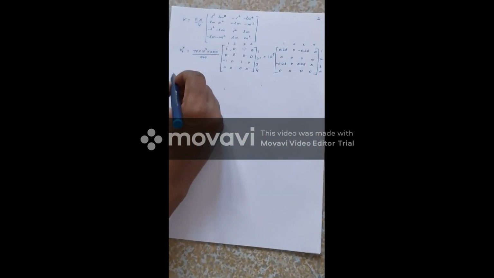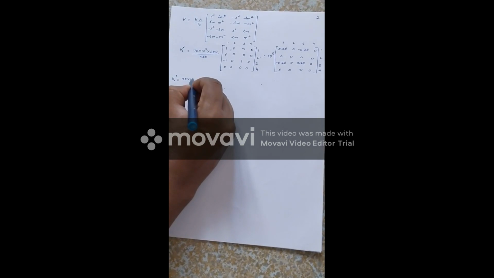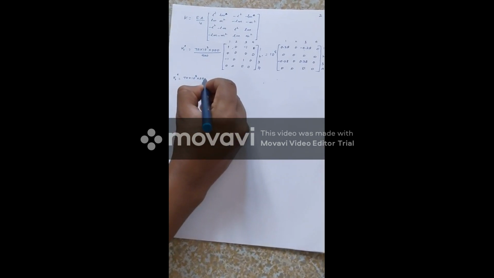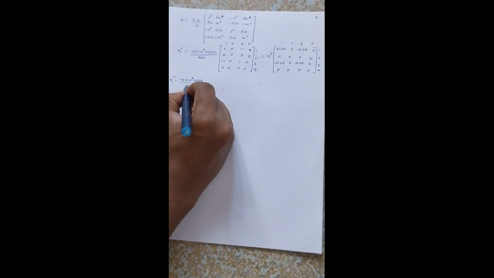Similarly for element 2, the element stiffness matrix will have 70 into 10 power 3. Young's modulus is the same, and the length of the element is also the same, 500.